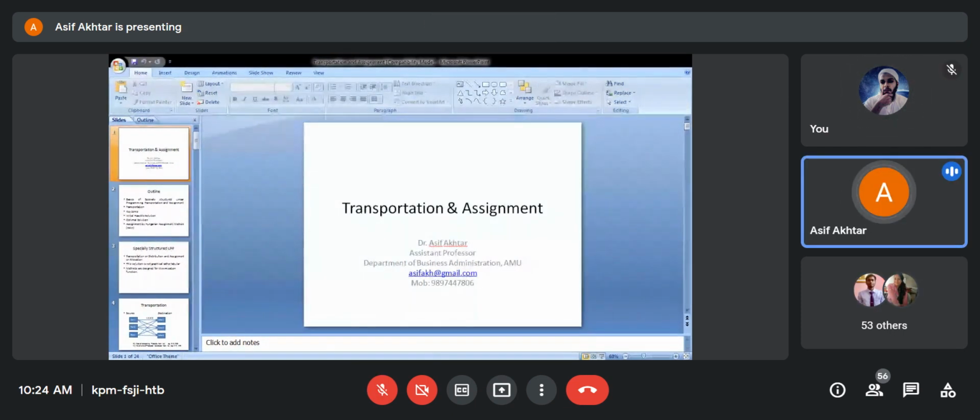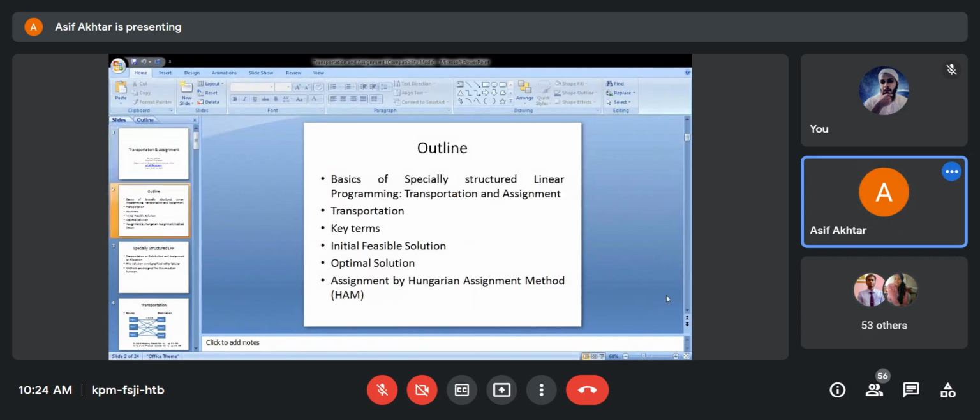Okay. So this is the topic which I'm going to cover: transportation and assignment. Now, first one is the transportation, which I am going to discuss with you. As usual, I would like to discuss this point with you that when we talk about transportation, the name itself gives you an idea. But when we enter into the details of it, you have to understand this subject in its language. You have to understand this subject in its terminology. You have to write down the expression as mentioned in the method of transportation.